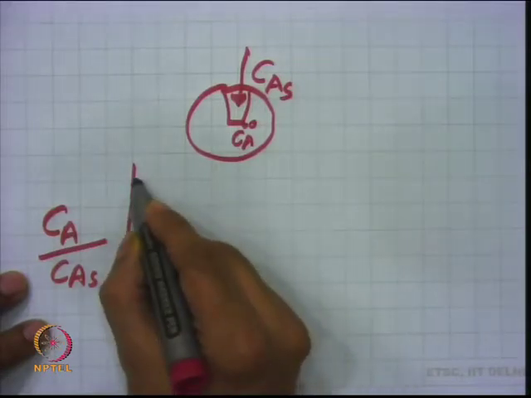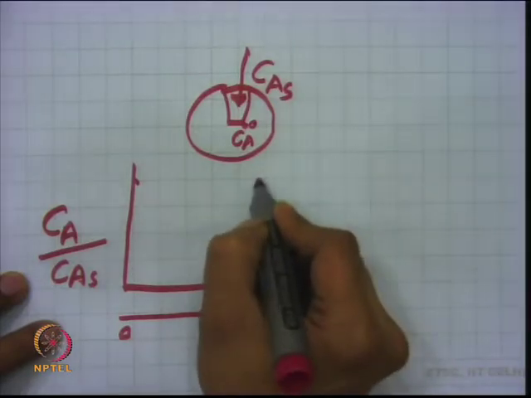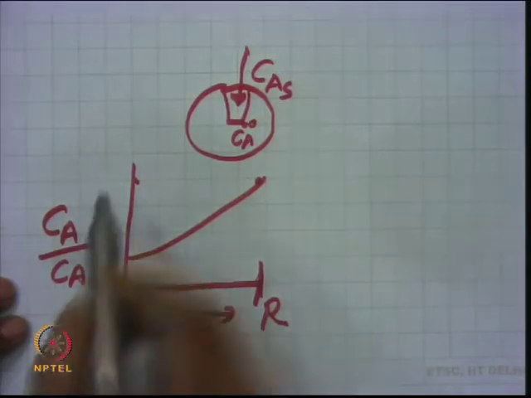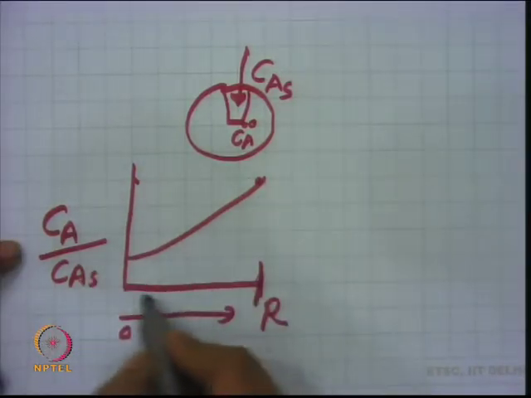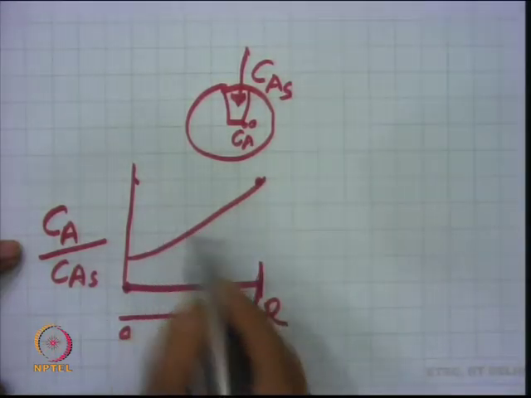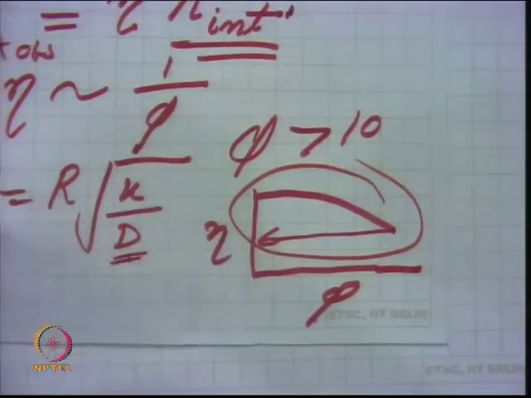This is your capital R, the radius. Here the concentration is CAS, and here it is low. The concentration from the center of the pellet going outward is like this. I mean to say there is a drastic drop in concentration from the external surface to the center of the pellet, and if diffusion resistance is more, then your concentration will be very low, and this is the region where you get a low effectiveness factor.